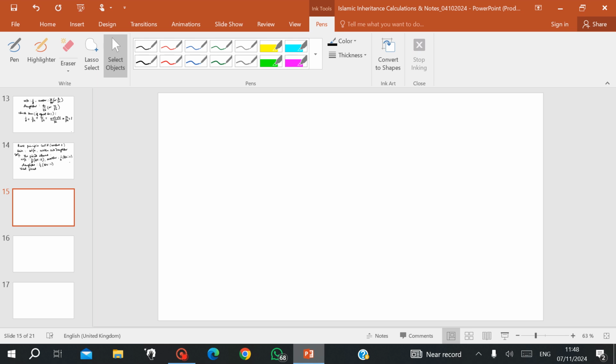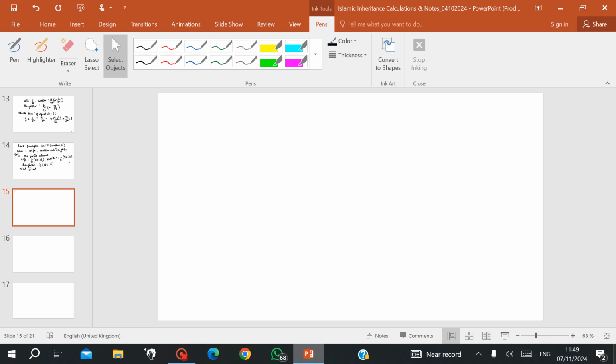And then the second case where we have the sum of the fixed shares greater than 1, that is the case of awl or increase, where we increase the denominator to equal the sum of the numerators, thereby decreasing the share of each heir proportionately.